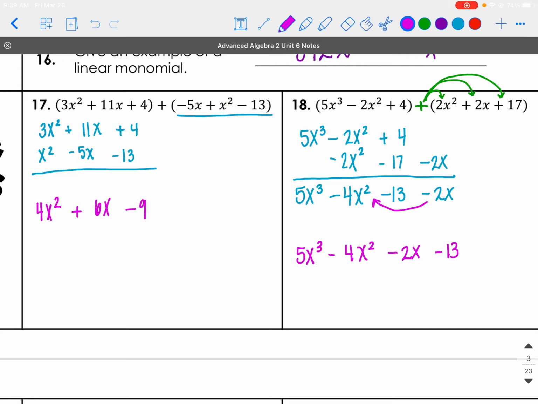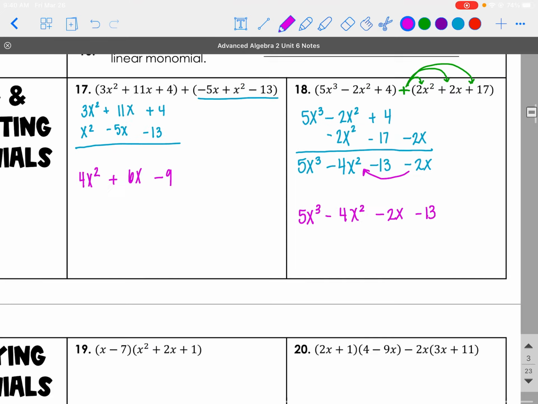So remember, if it's a subtraction and you change all of the signs in that second polynomial, that turns it into a plus. I didn't do negative 2 minus negative 2. I did negative 2 minus 2. So be careful.